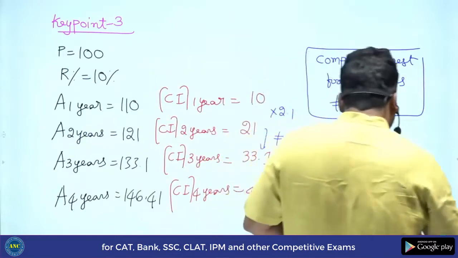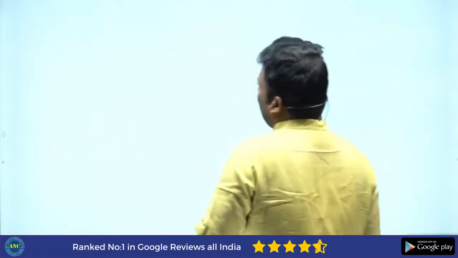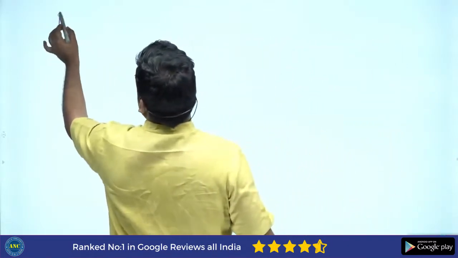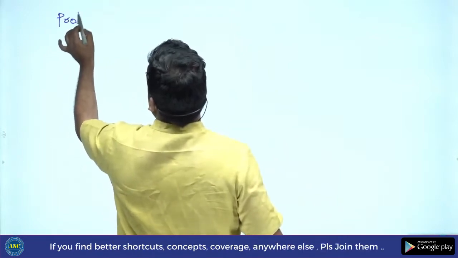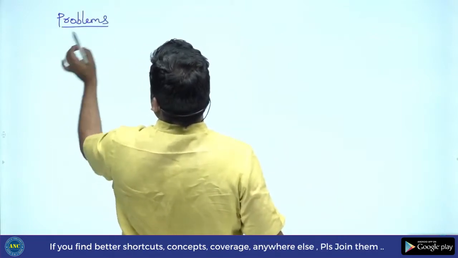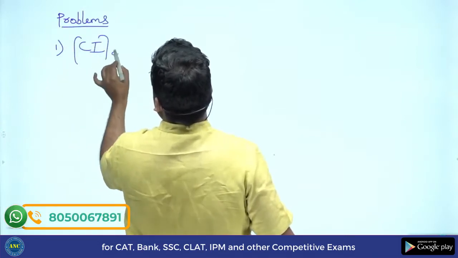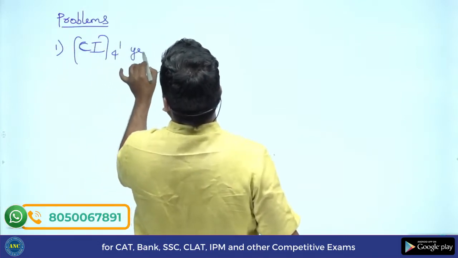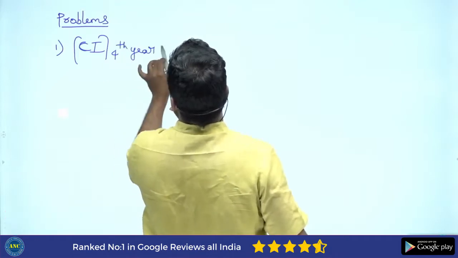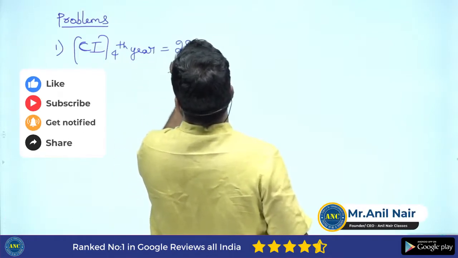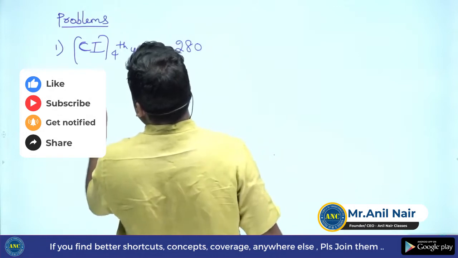Now let us solve some practice questions. First one: CI for 4th year is 280.